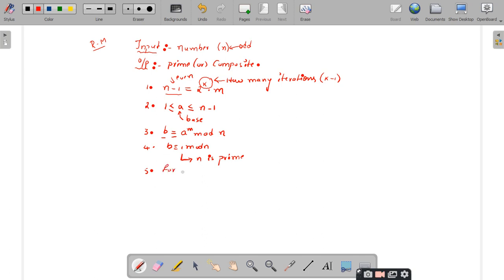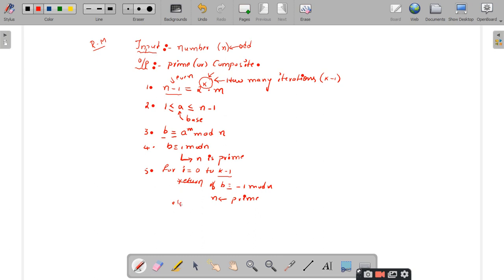Otherwise, you have to enter into the loop for i equal to 0 to k minus 1. As I told, k represents the number of iterations. K decides how many iterations it has to go. So k minus 1 times the iterations has to go, and here what you will do is check again the value of B. If B is congruent, not equal, to minus 1 mod n, we print n is prime.